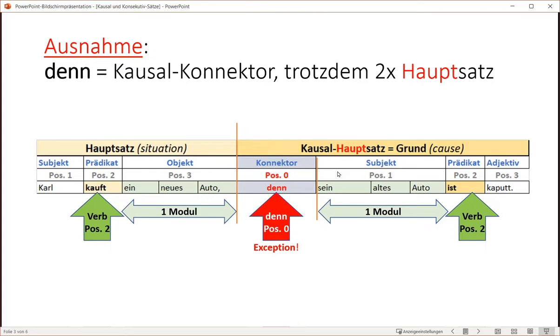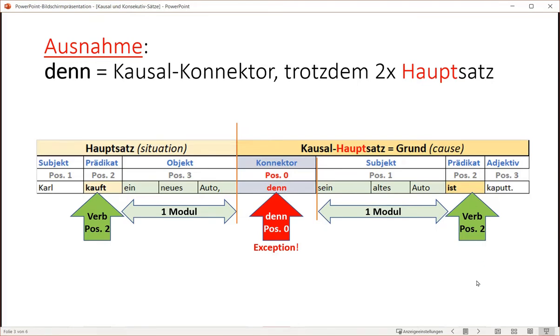But we count from here 1, 2, 3, verb on position 2, because this special connector called denn does not count. We consider it as position 0. Denn is position 0, does not count. We start counting here when the real Hauptsatz begins. That's why the verb in the second Hauptsatz is as well on position 2.